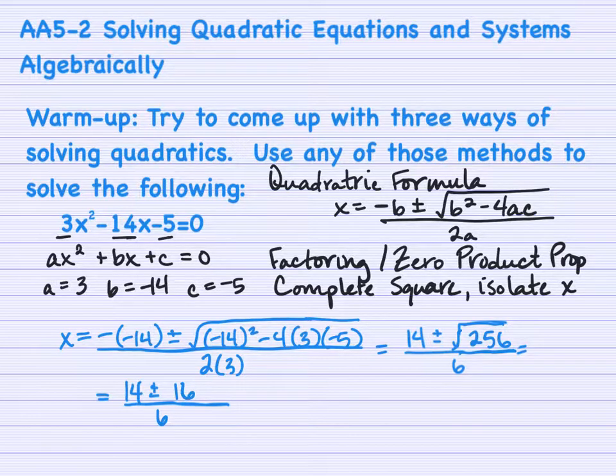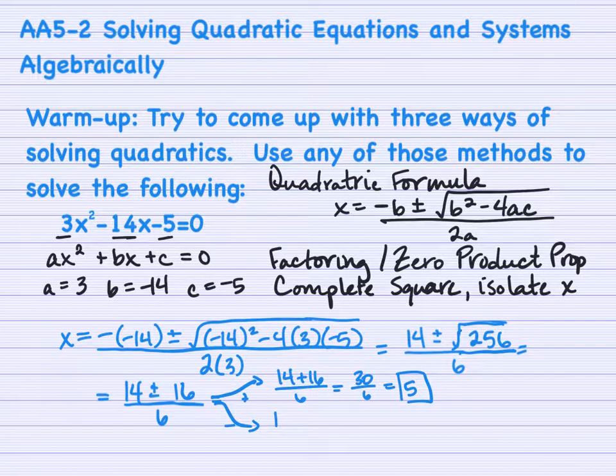So as I was saying before, sometimes the quadratics don't come out to whole numbers. This one does. So then I split this off into a plus and a minus. So 14 plus 16 divided by 6 gives us 30 divided by 6, which gives us 5 for one of our answers.